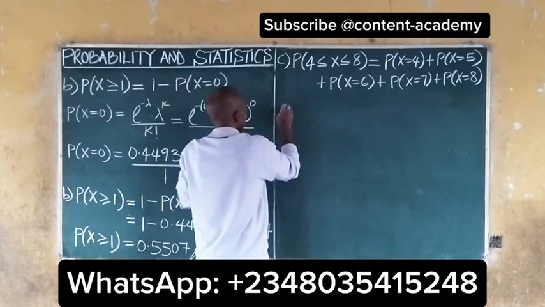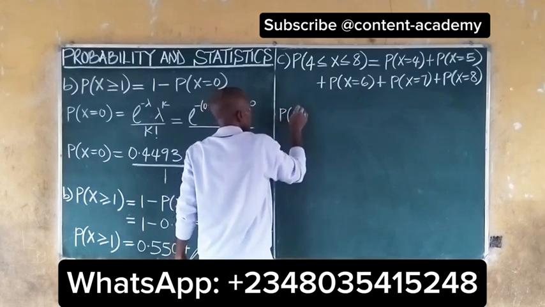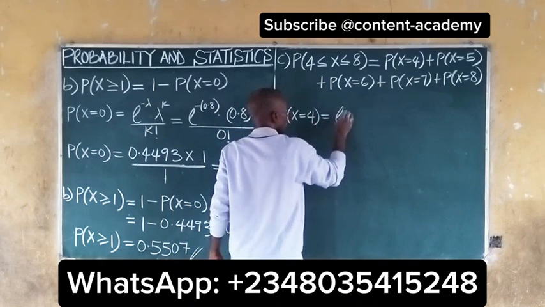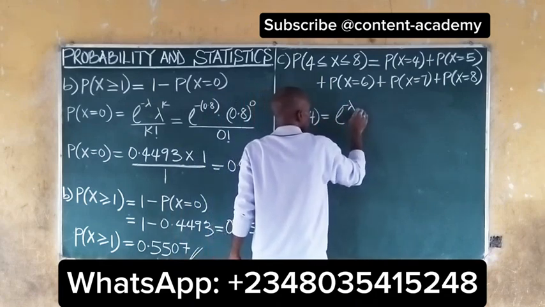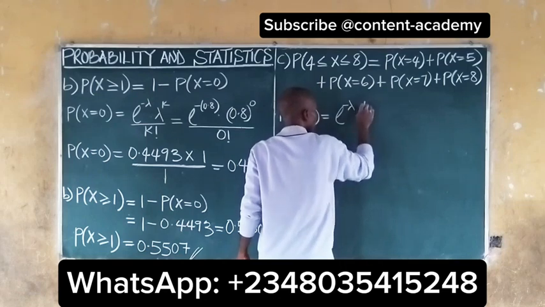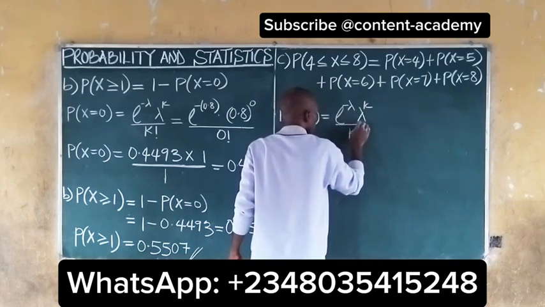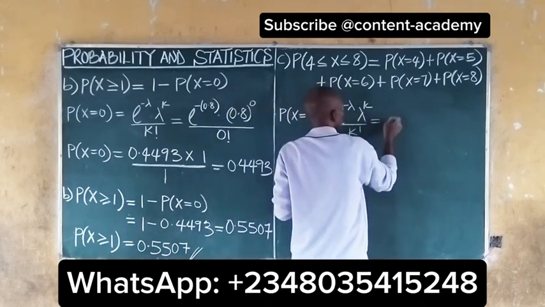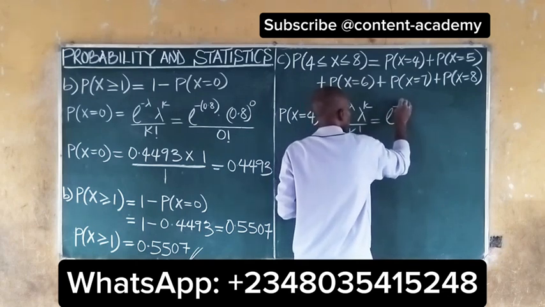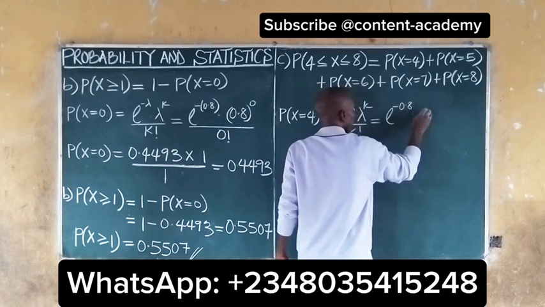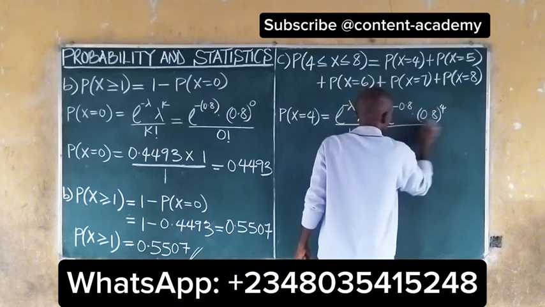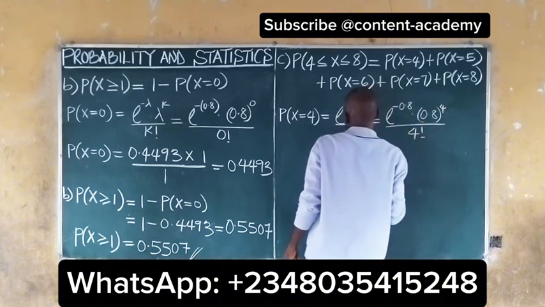We now say, first, the probability that X is equal to 4 will be equal to exponential negative lambda multiplied by lambda raised to the power of k all over k factorial. Now, our k is 4. We have exponential negative 0.8 multiplied by 0.8 raised to the power of 4 all over 4 factorial.